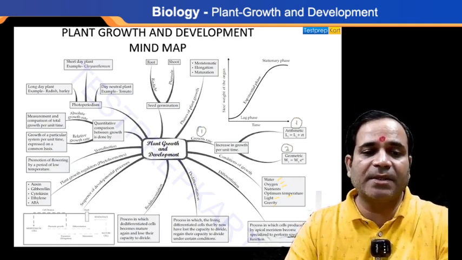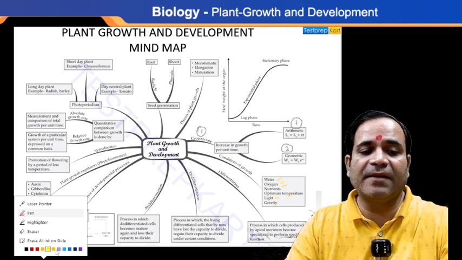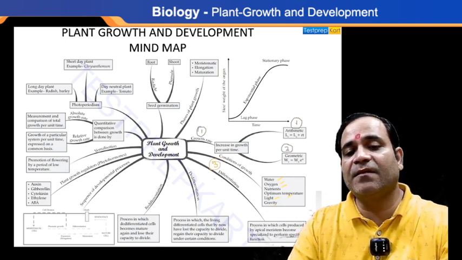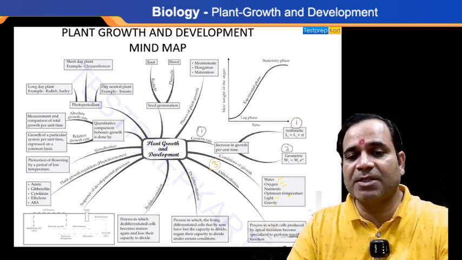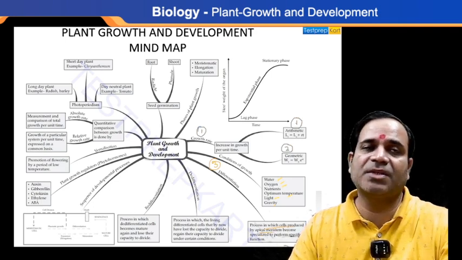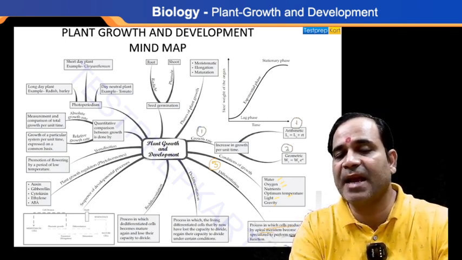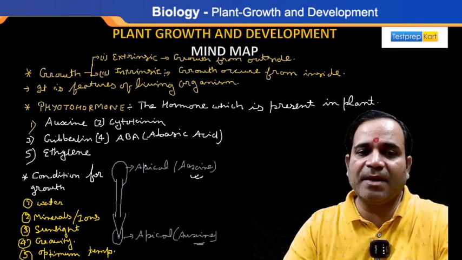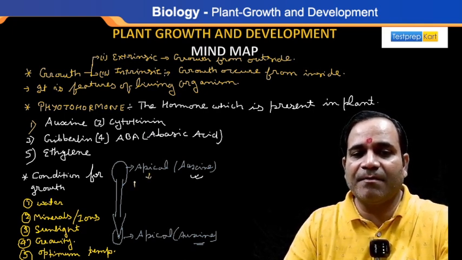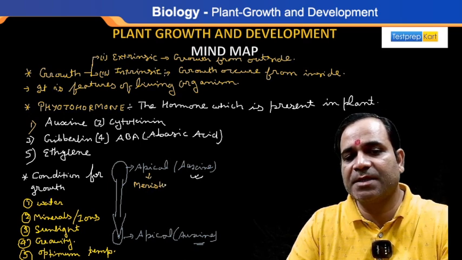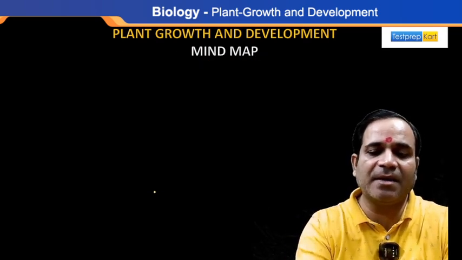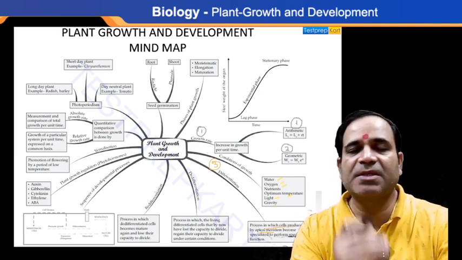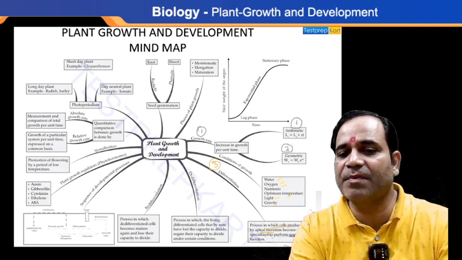Now the next thing that is very important to know is differentiation. You know the meaning of differentiation, my dear? Differentiation means the process in which the cells produced by the apical meristem, see this one in the diagram, the apical meristem, become specialized to perform a specific function.